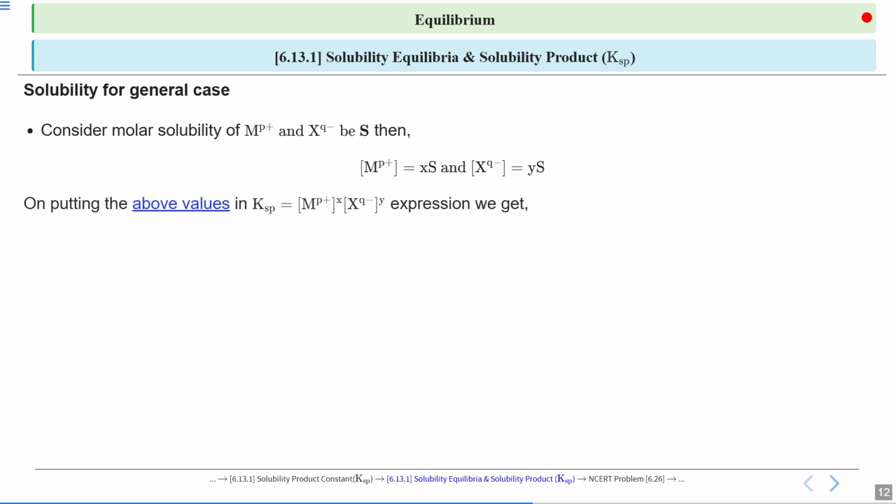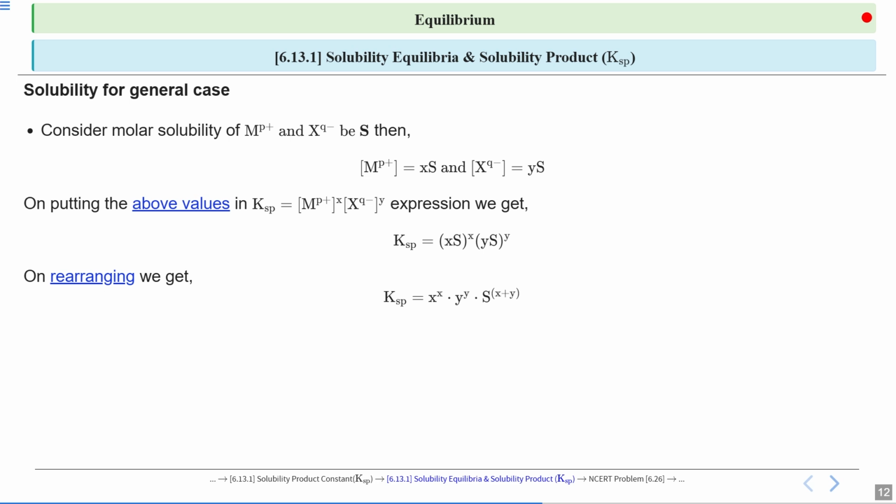Further, on putting the values for both of these in the Ksp equation, what will we get? We will get Ksp is equal to xS raised to the power x multiplied by yS raised to the power y. So this is your most important equation. Now, since the base is the same for S raised to the power x and S raised to the power y, we can just add the powers, so x plus y is the power of S. What about x and y?